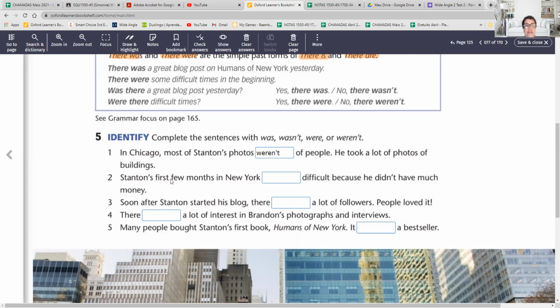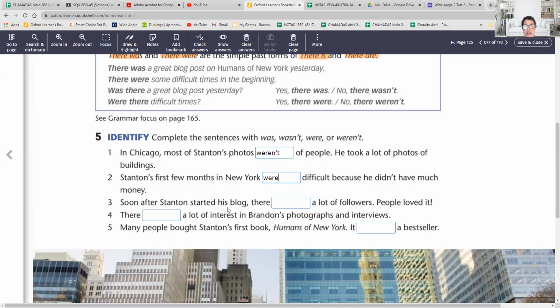Number 2. Stanton's first few months in New York, because he didn't have much money. So Stanton's first few months in New York were difficult. Very good. Number 3.